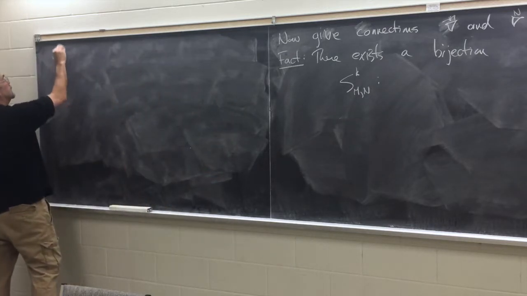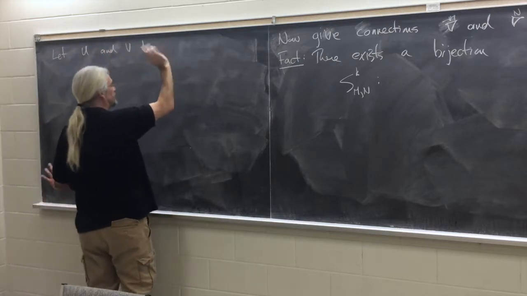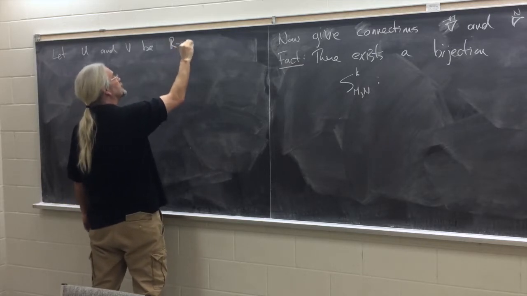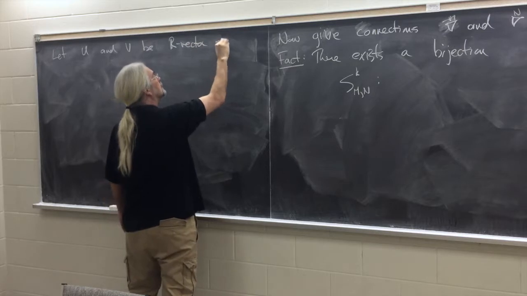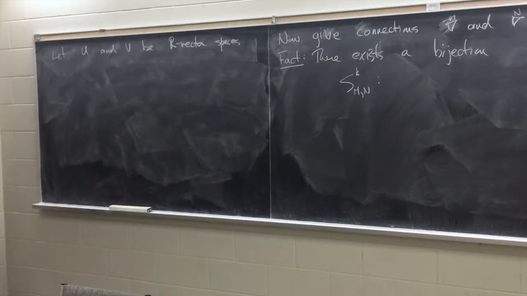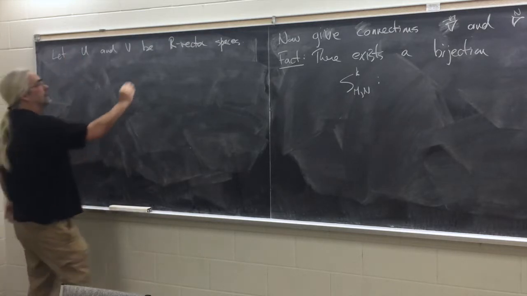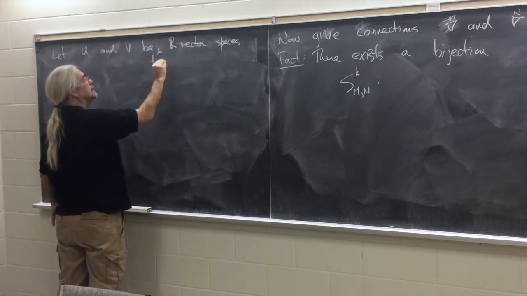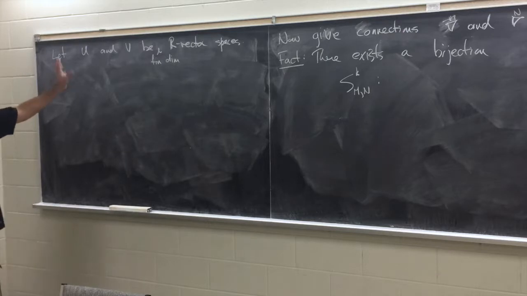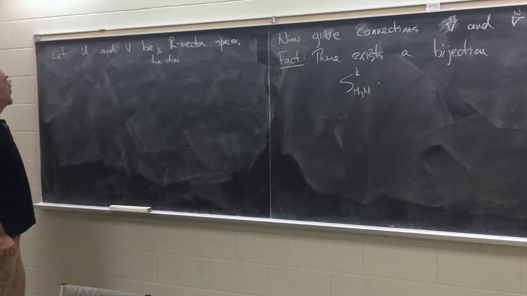Let U and V be, let's stick to the real case just so I don't say anything wrong inadvertently, real vector spaces. We're going to be doing calculus now, so these are going to be finite dimensional.